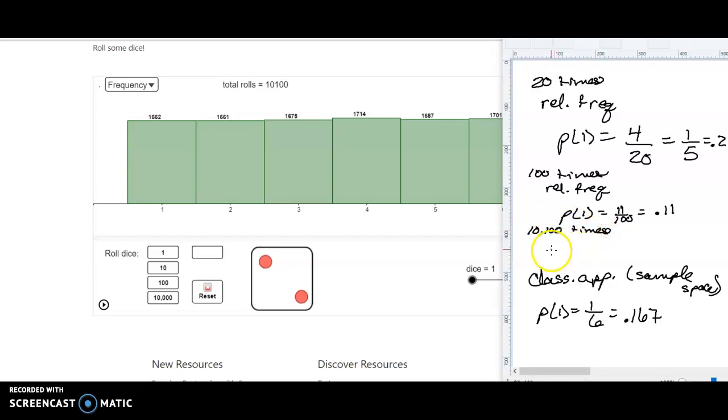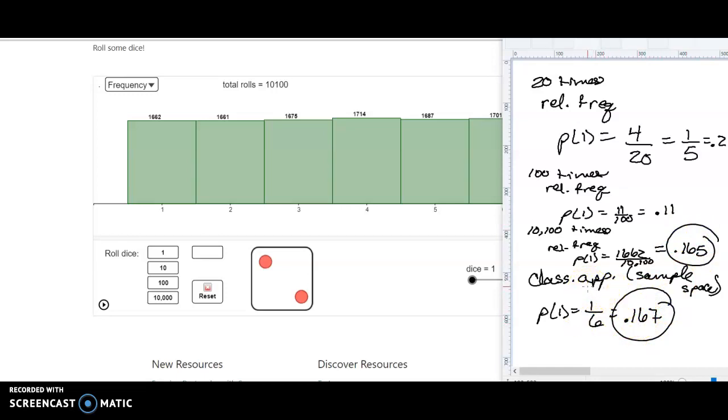And a relative frequency approach would be 1662. That's how many we have, right? Out of 10,100. And as a decimal, that's 0.165. So you can see we're getting closer to that classical approach.